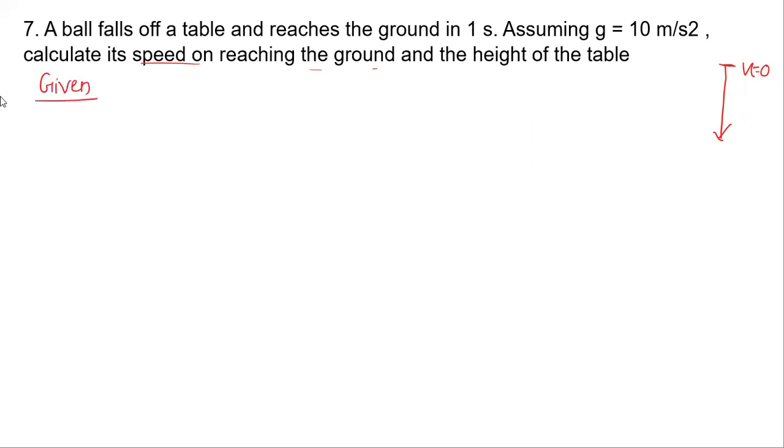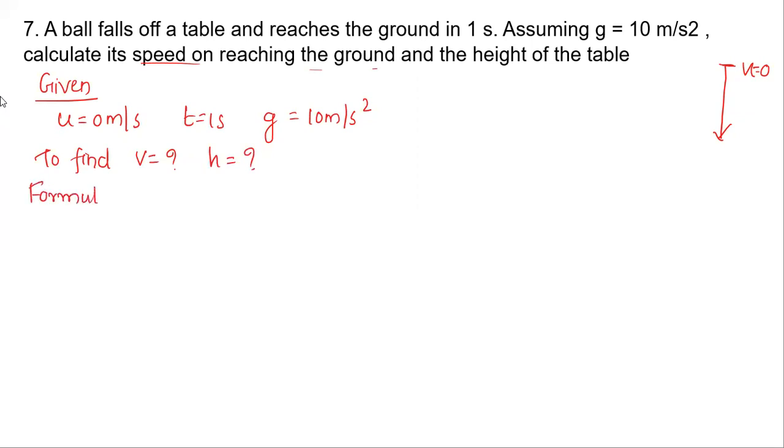First, we will write what is given. Initial velocity is 0 meter per second. Time is 1 second. Acceleration is 10 meter per second square. We want to find final velocity and height h or displacement s. We know the formula for displacement is s is equal to ut plus half a t square.